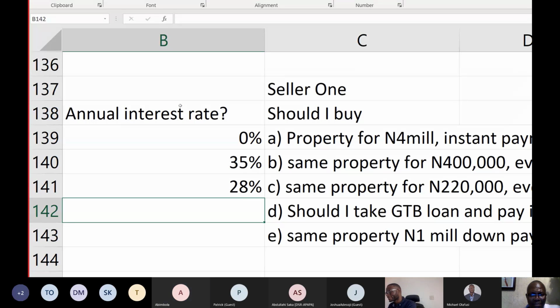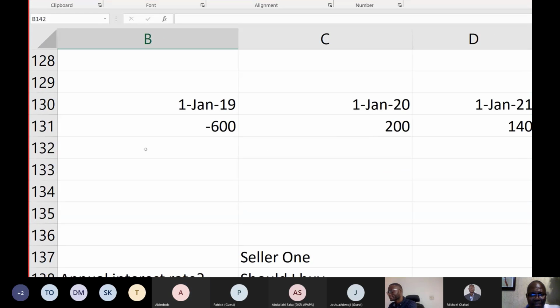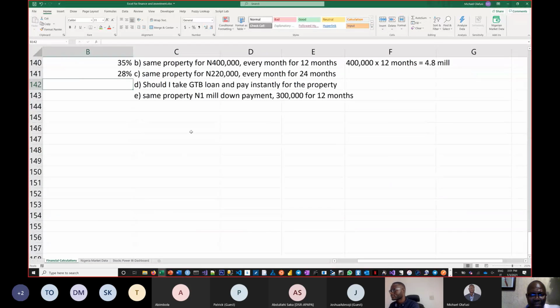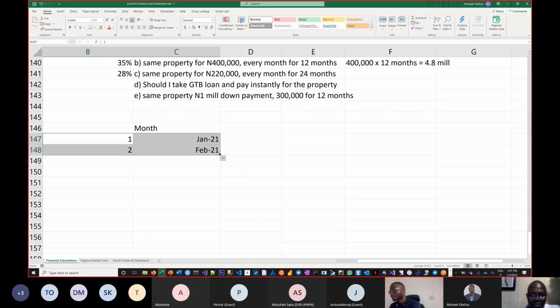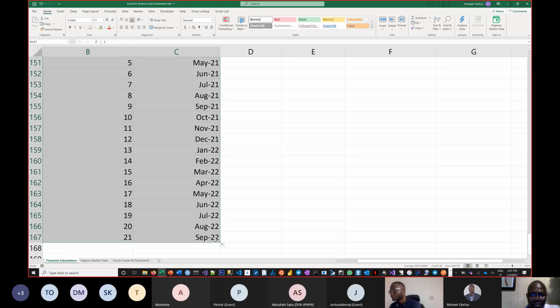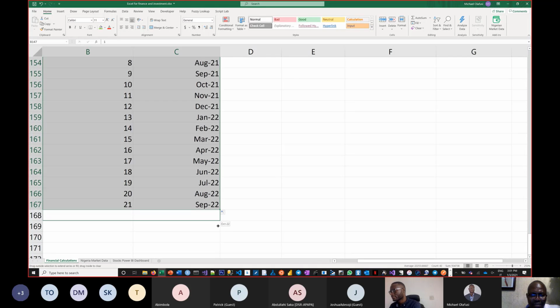So, okay, let me show you how it can be more. So, months, and let's say month 1, January 2021. So this is 1 to February 2021. I'm going to do this until I get to 24 months.